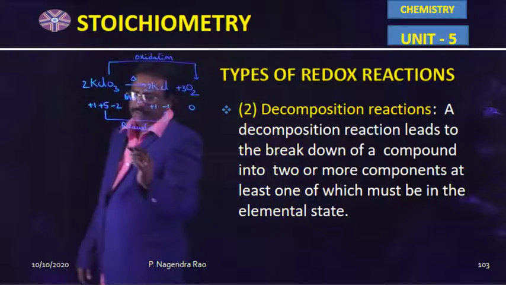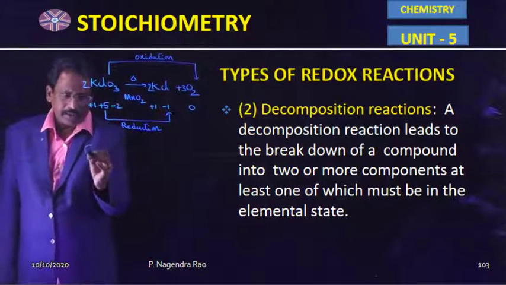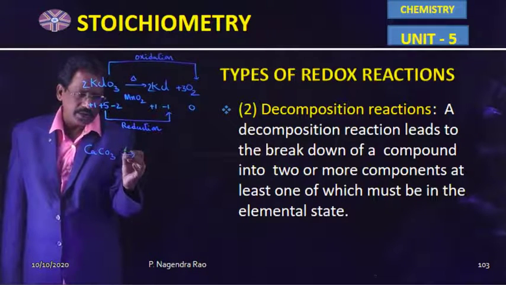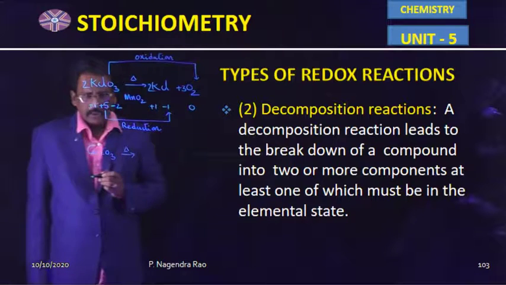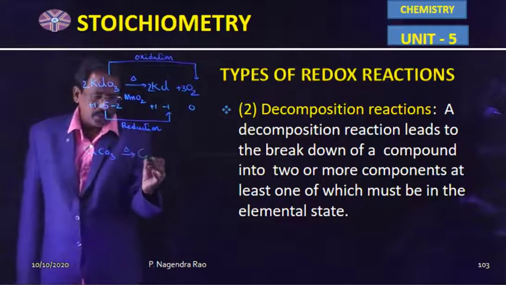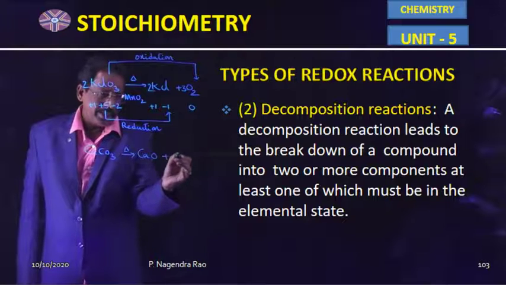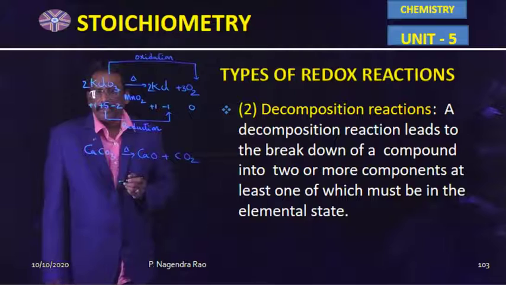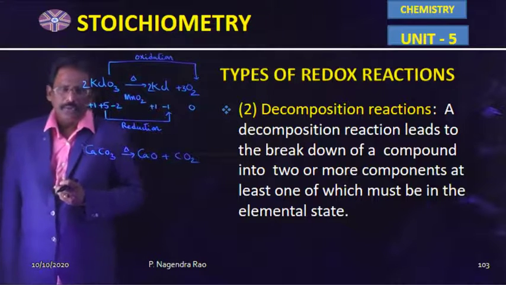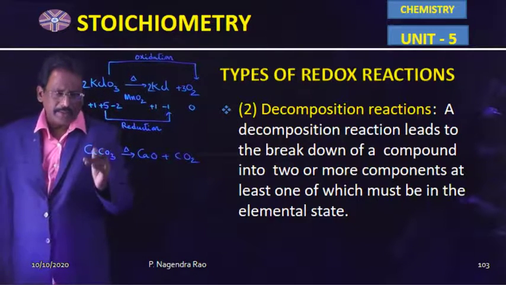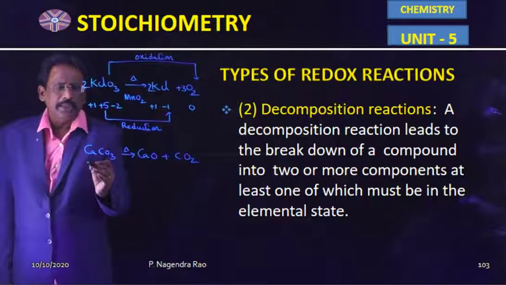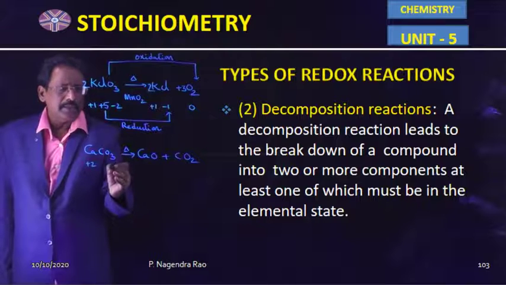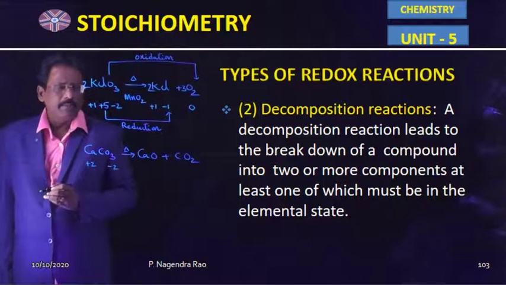See another example. On heating limestone, that means marble, it is decomposed into quicklime and CO2. This is also one of the examples of decomposition reaction. But here in CaCO3, calcium oxidation state is +2, oxygen oxidation state is -2.